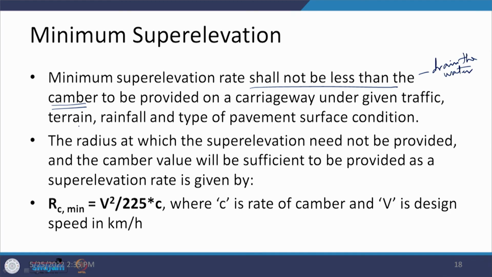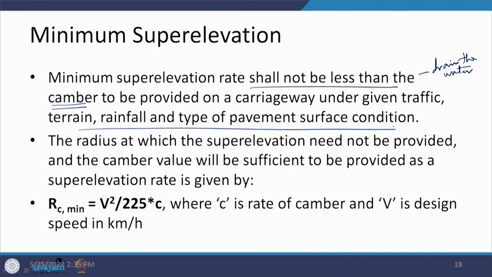These need to be provided, and we have to take care of whatever situations in which these are provided and with what material they have been provided. Then there is a possibility that when you are not providing a super elevation, you are going to a camber. Then this is defined as the minimum speed of the horizontal circular curve for which the super elevation is not required.